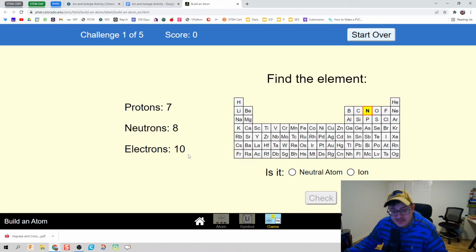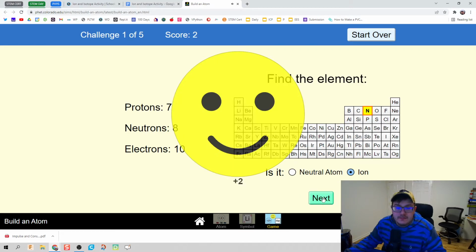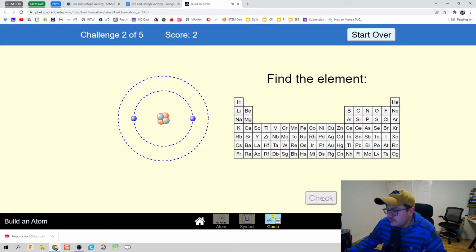Is that number the same? If we use the formula we just wrote down, charge equals protons minus electrons, we have 7 protons minus 10 electrons. Our charge is -3. So, is it neutral? No. It has a charge of -3, which makes it an ion. There we go. Okay.